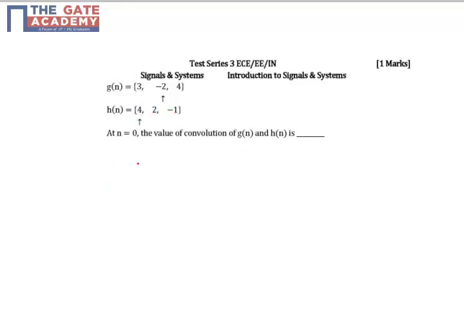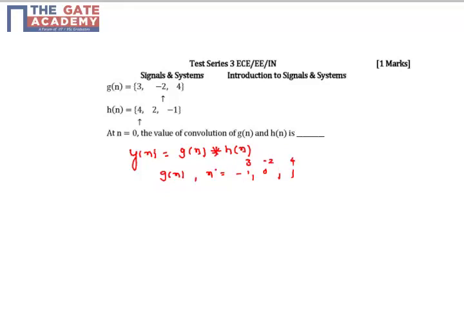Okay. So if this is the case, then what about the y of n values? Let us say y of n is the convolution of these two, like g of n convolution h of n. So if you see here g of n, the values of n are minus 1, 0, 1, because at minus 1 it is given as 3, at 0 it is minus 2, at 1 it is 4, right?